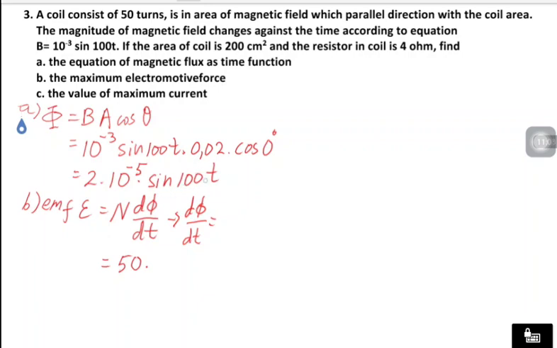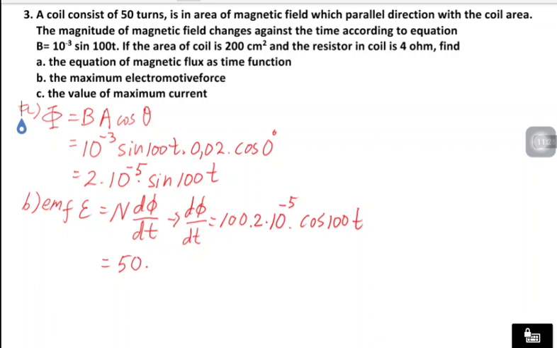d flux dt is: the 100 we take outside, and the sine changes into cosine, and this 2 times 10 to the minus 5.